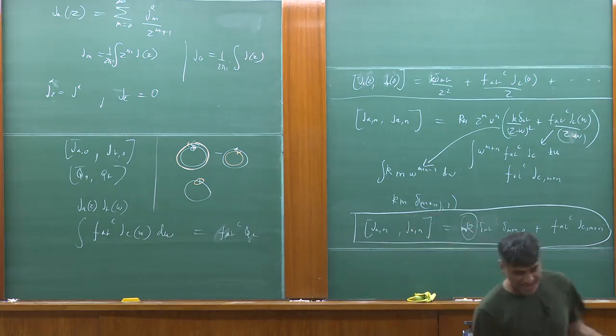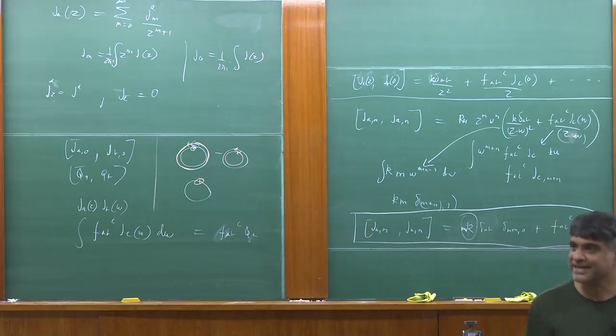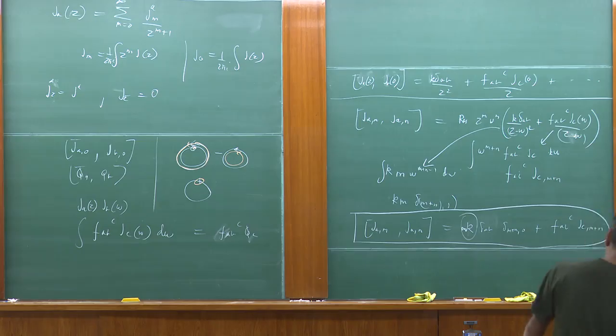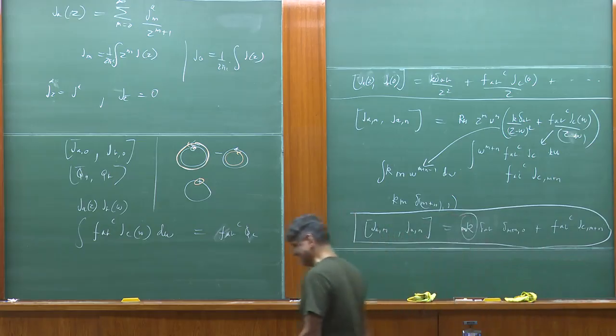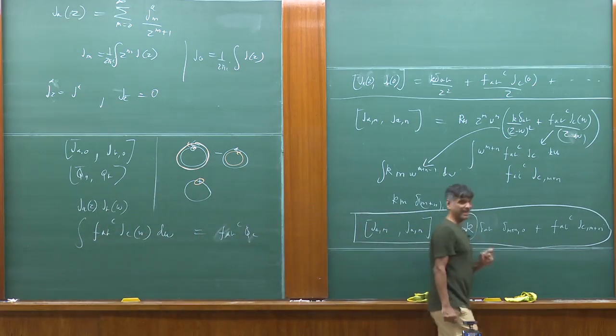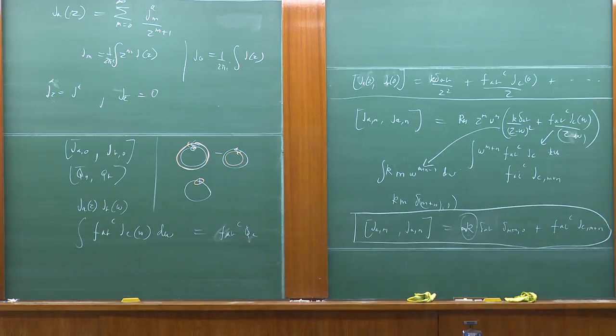Okay, excellent. I now want to argue that this quantity k is necessarily an integer.